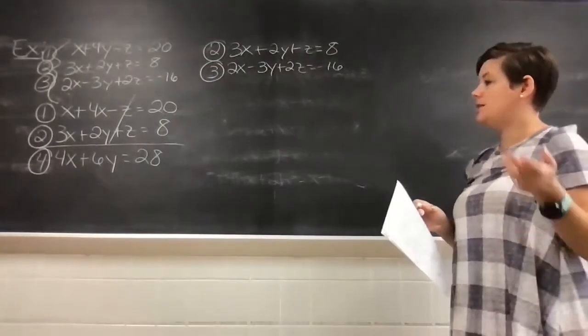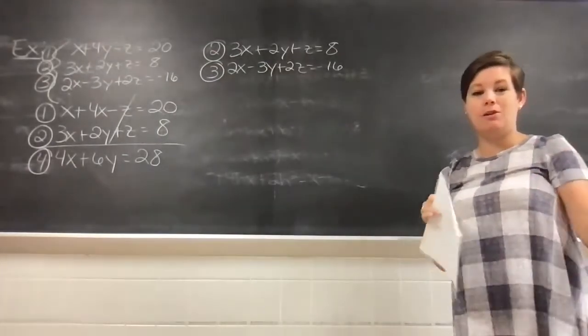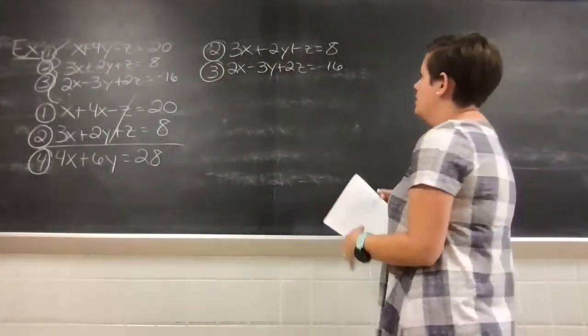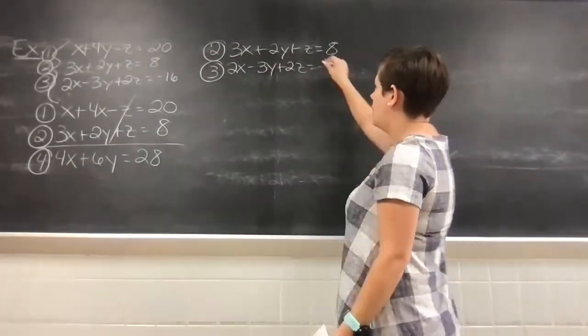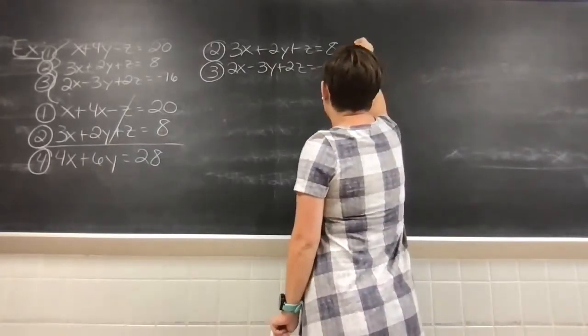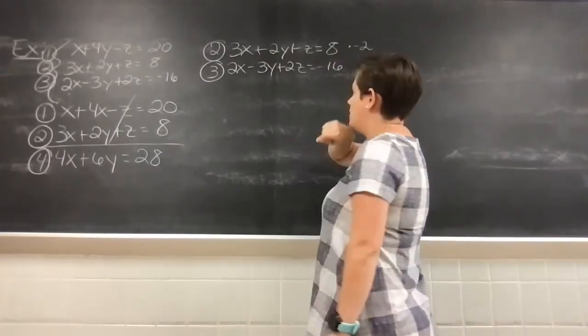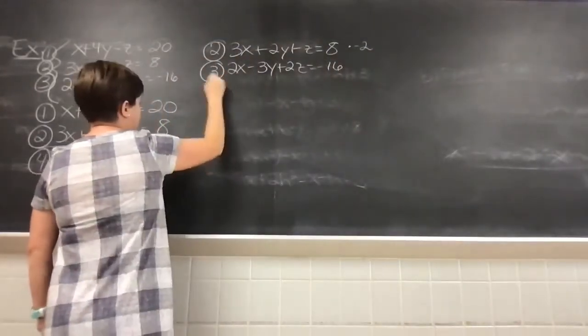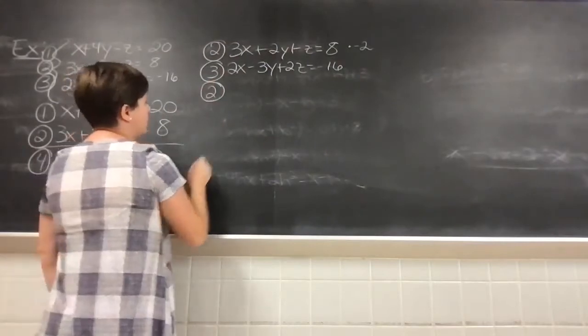I have to eliminate the z's so that my equation 4 and equation 5 only have x's and y's in them. So I need to just look at my z's. I have a z and a 2z. So if I multiply this top one by a negative 2, then I'll be able to eliminate it. So instead of rewriting 3 again, I'm just going to write the altered 2 below it.